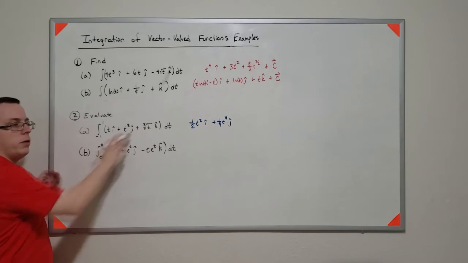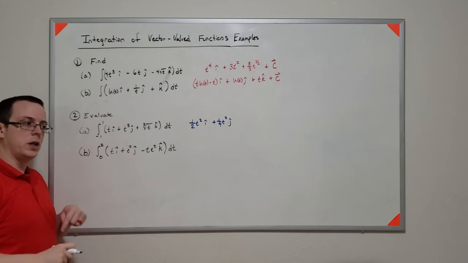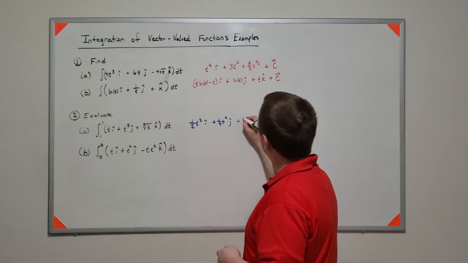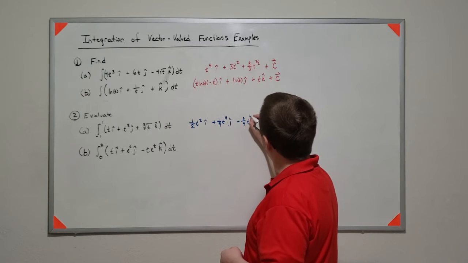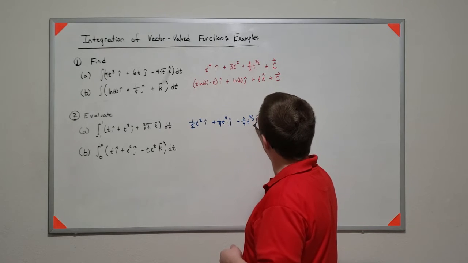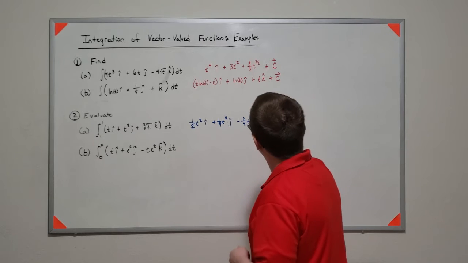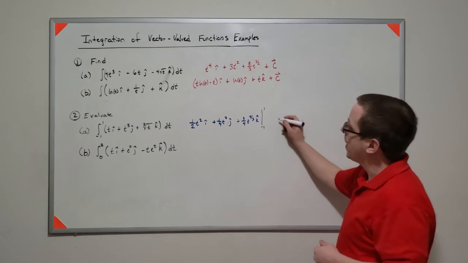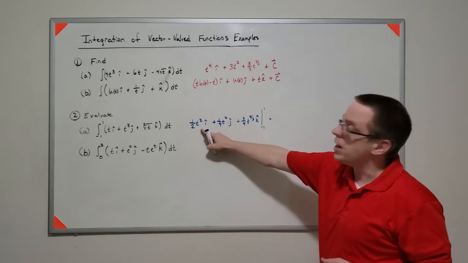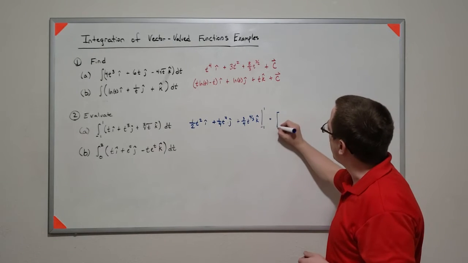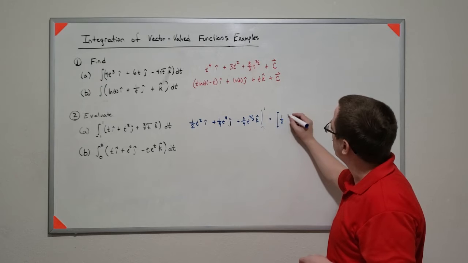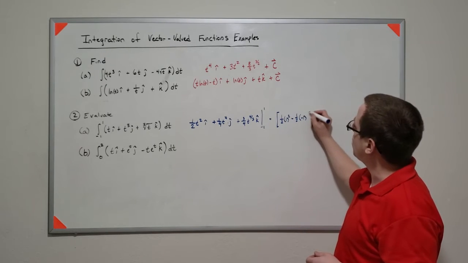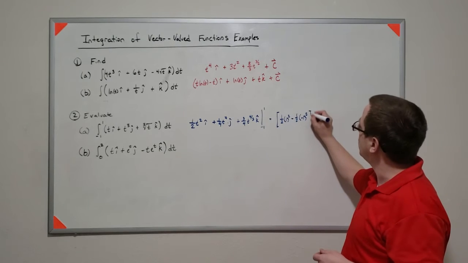And the antiderivative of t to the 1/3 is 3/4 t to the 4/3, k. And we evaluate that from -1 to 1. So for each of these, we plug in its value at 1. And we subtract the value at -1.